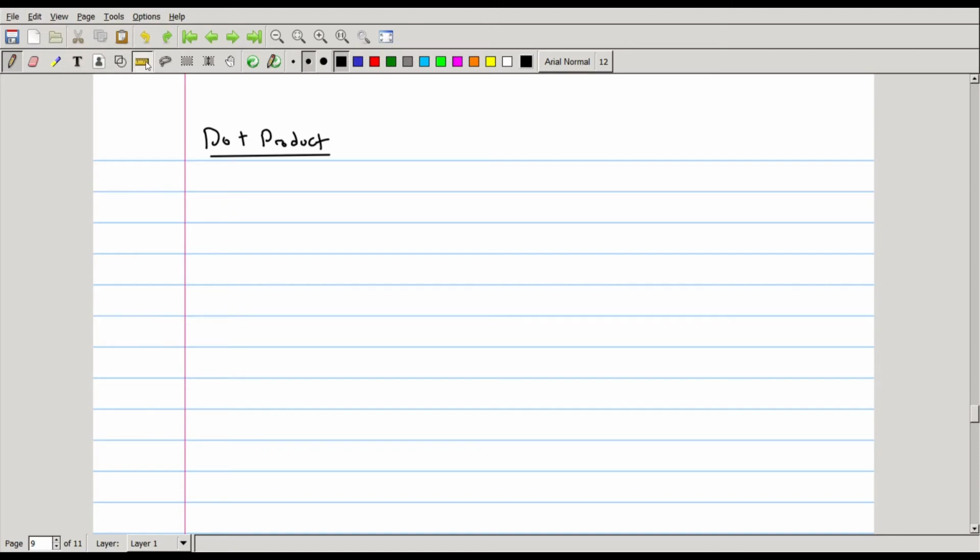And in 2D, if you have a vector A, which is A1, A2, and a vector B, which is B1, B2, see that the dot product of A and B is equal to the multiplication of the components of the vector added together, component-wise.